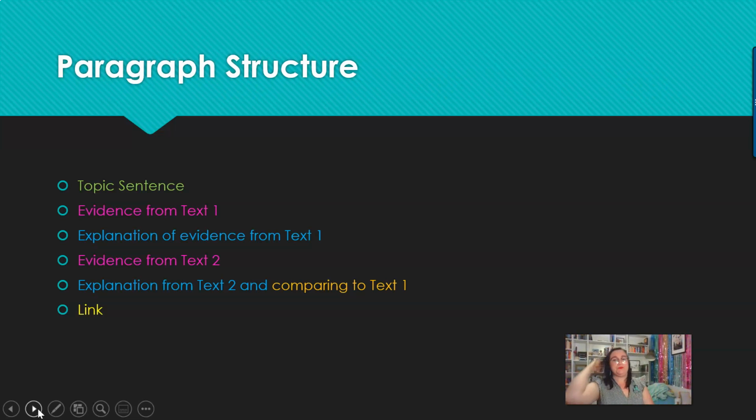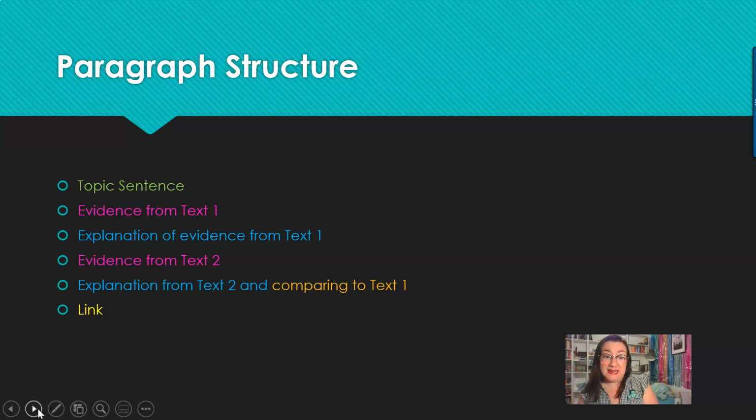We start off with a topic sentence, easy. Then we provide evidence from text 1. Let's say evidence from All About Eve. Then we explain the evidence from text 1 that we've given. Then we'll move on to text 2 and give evidence from that.